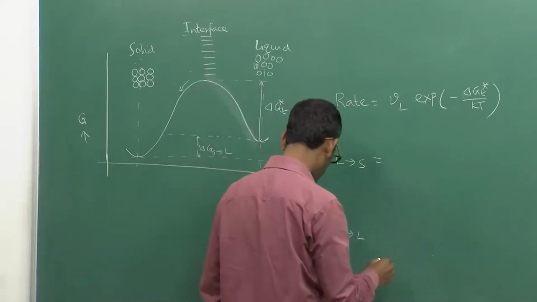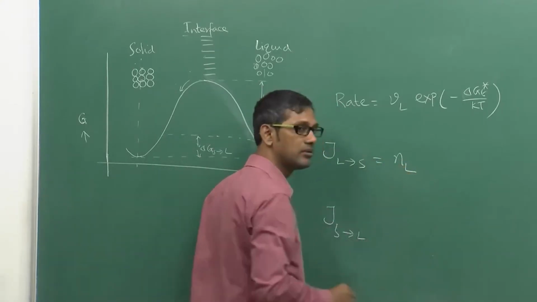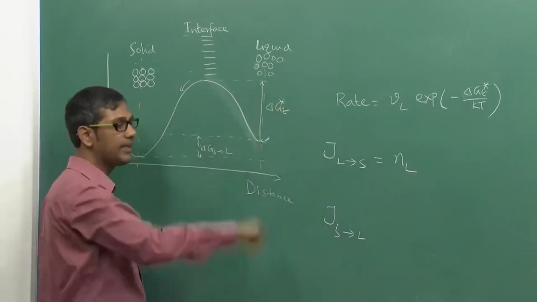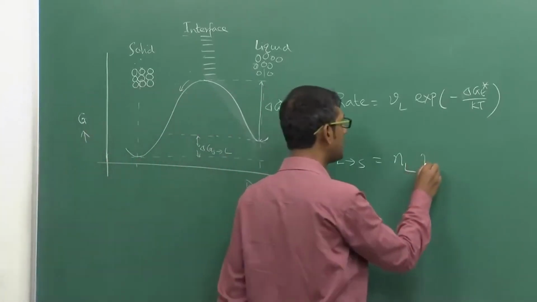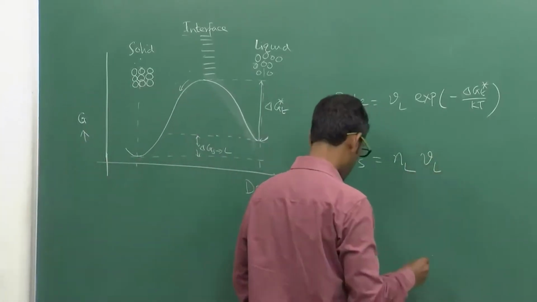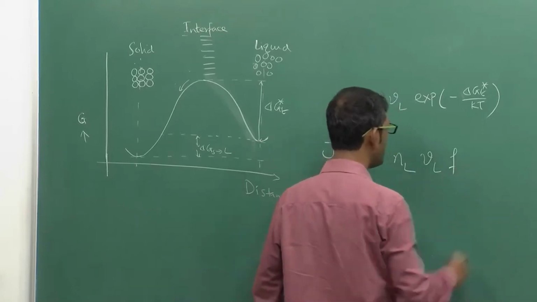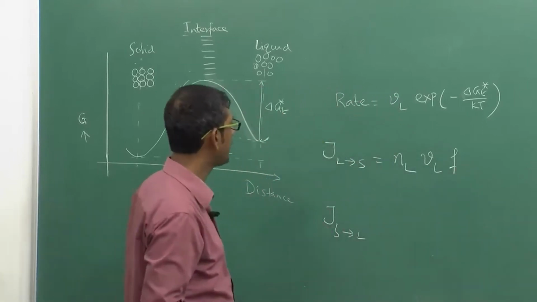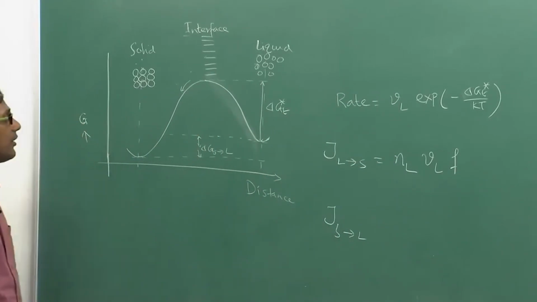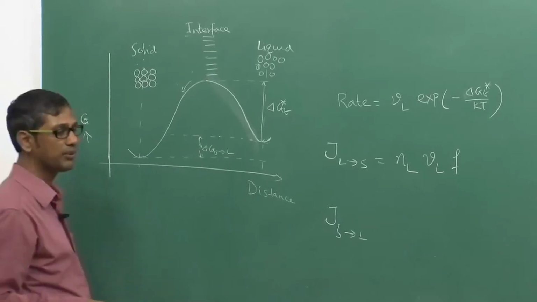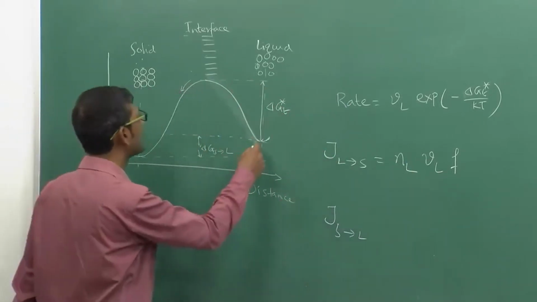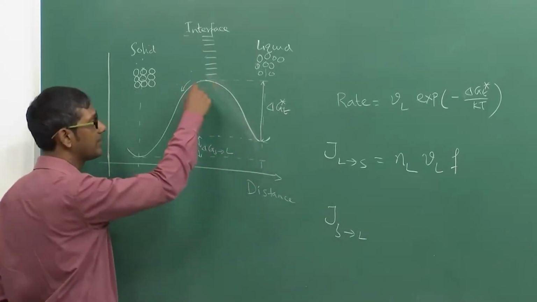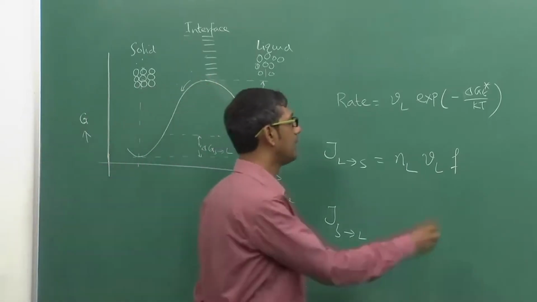Obviously the flux will depend on the total number of atoms. If the liquid has NL number of atoms, they all can jump, multiplied by the frequency. And then obviously, the factor which comes in is that not all the jumps will be successful. Some of the atoms may not be able to cross even this barrier, and they will go back to the liquid. That's possible.